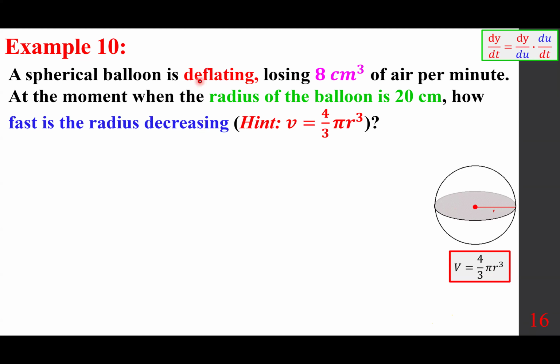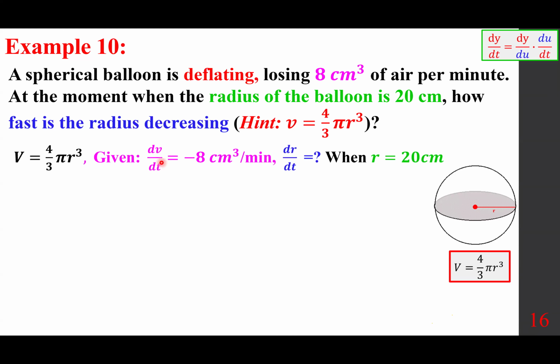Now, the purpose of this question is just to pay attention to this. This means negative. So the volume is 4/3 pi r cubed. dV/dt is negative 8 cubic centimeters per minute. We want dr/dt when r is 20 centimeters.